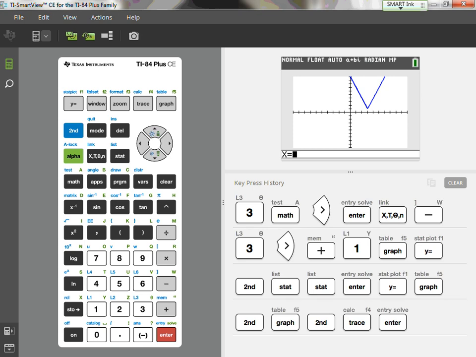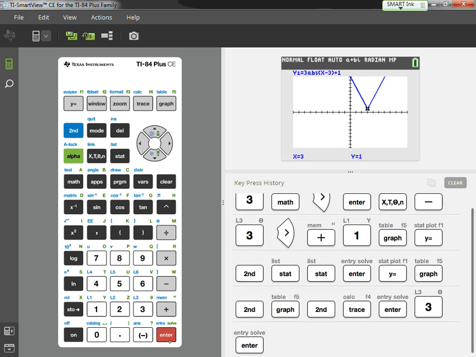Hey, Jody, give me a value. Doesn't matter what it is. Give me a value for x. 3. Type 3 in. So x equals 3. Yes? Once you get that, hit enter. So what's the value of y when x is 3? 1. So second trace, enter.